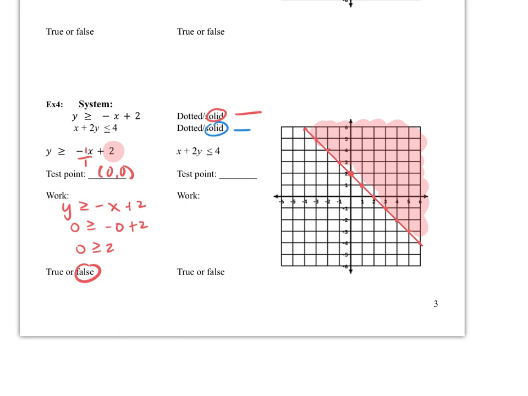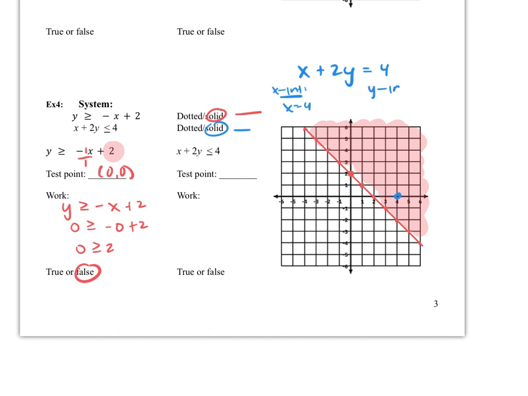Now for my second line, instead of using slope-intercept form, I'm going to graph using x-y intercepts. So over here, I'm going to treat this as the equation x plus 2y equals 4. Remember, an x-intercept means that it lives along the x-axis, which means that it has a y value of 0. So to find the x-intercept, I would change y to 0, and that makes my mini equation x equals 4, which is going to be here on my x-axis.